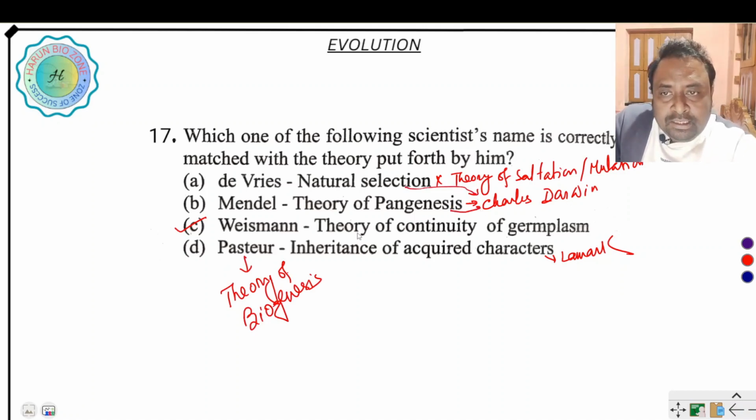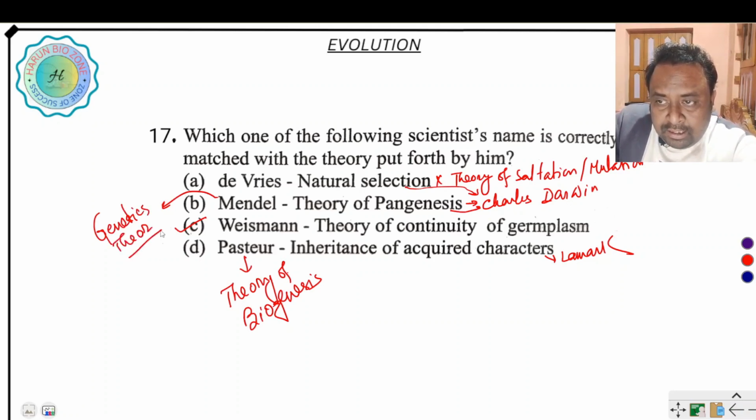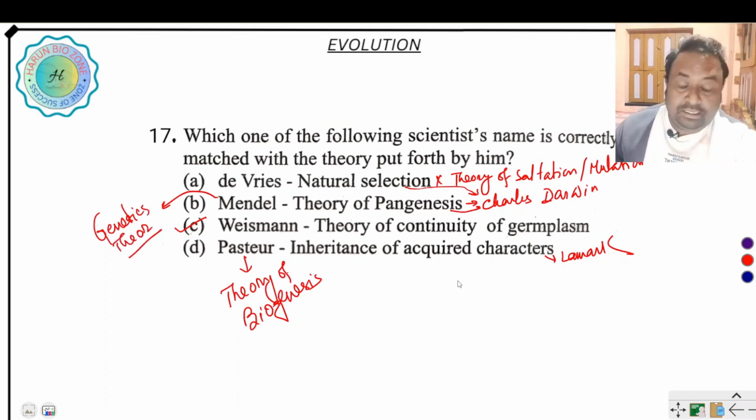Mendel proposed the theory of genetics: the law of dominance, law of segregation and law of independent assortment. The correct option is August Weismann, the theory of continuity of germplasm. Ontogeny repeats phylogeny is a different idea.